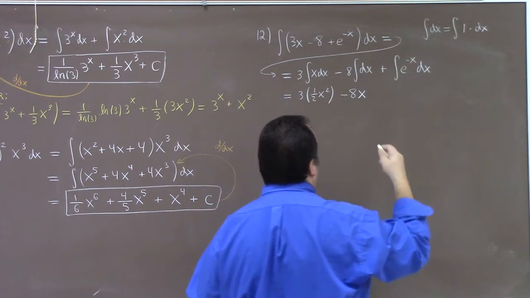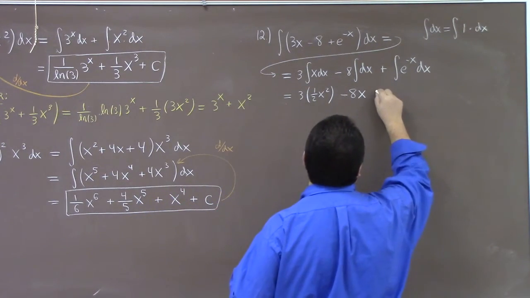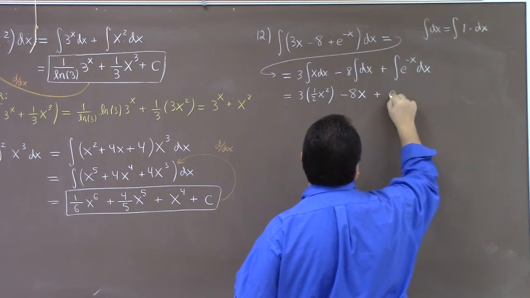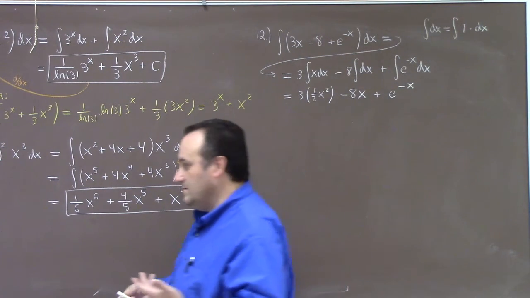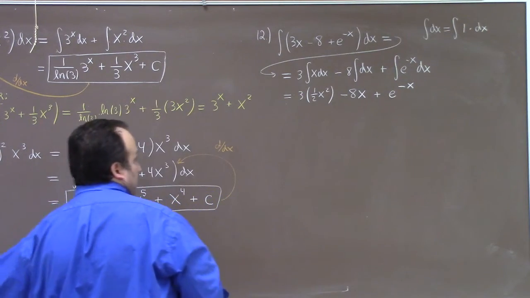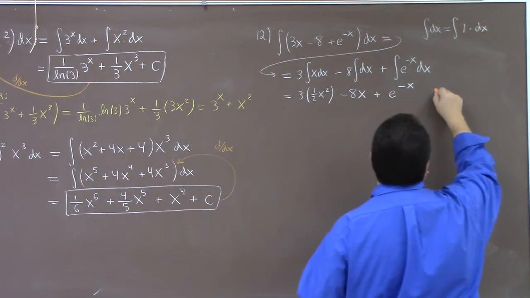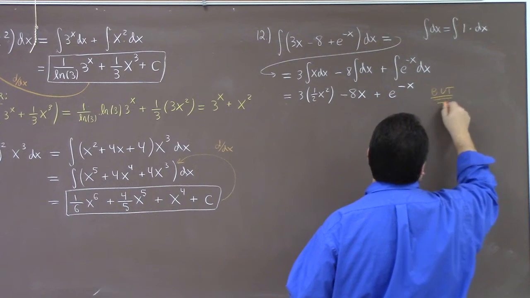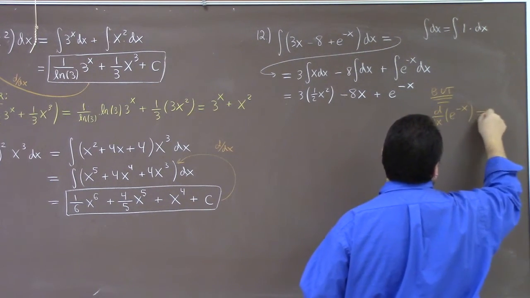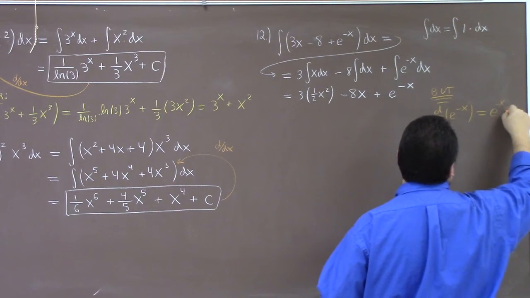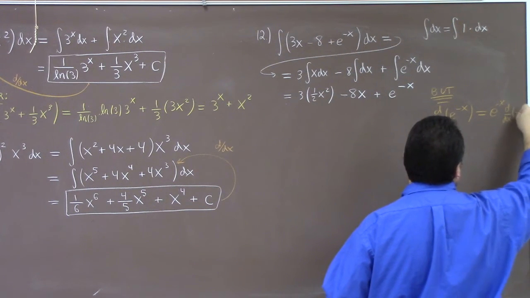And then to make an educated guess on the last one, I'll say plus e to the minus x, right? And then I'd be wrong, because what happens if you differentiate e to the minus x? We get e to the minus x times d/dx of the inside function, which is minus x.